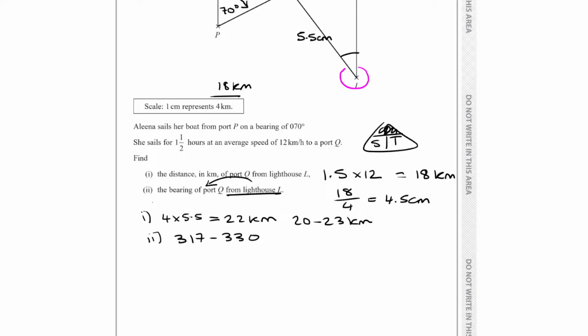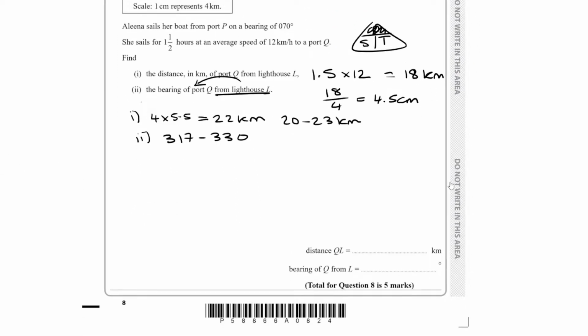Okay, so 316, I can see that you're roughly in the ballpark. It's probably just how it printed as to how accurate it is. So those are our two answers: something between 20 and 23 kilometers, and something between 317 and 330 degrees, okay?